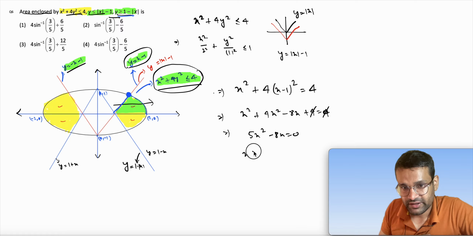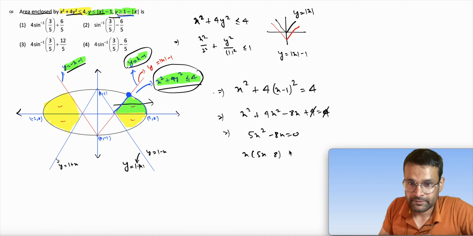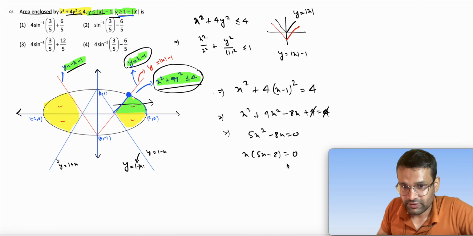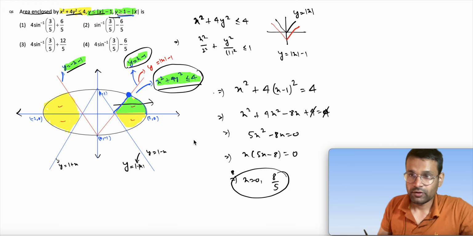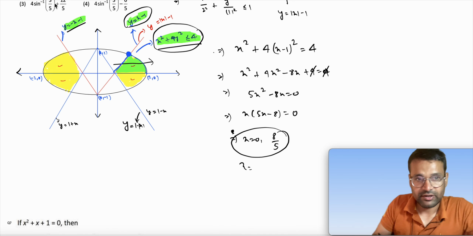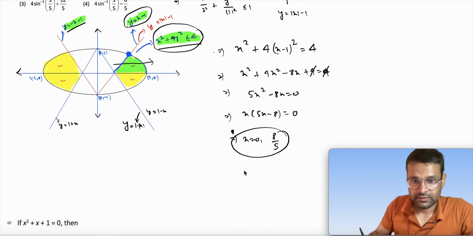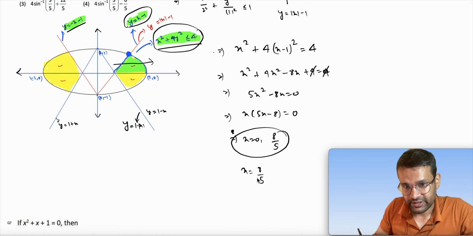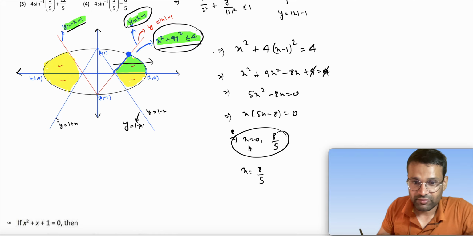Now x is taken common: x(5x - 8) = 0. Now the values are x = 0 and x = 8/5. Okay, now this point has x value 8/5, and x = 0 is this point. There are two values: x = 0 and x = 8/5.